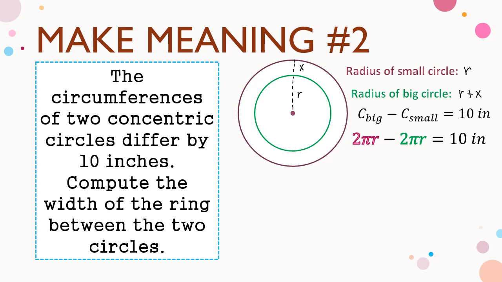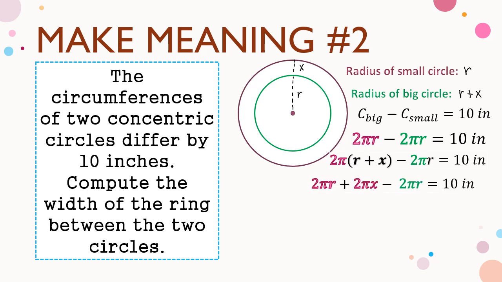And substituting the expressions that represent the radius of each circle, the radius of the big circle is r plus x, so we have here 2 pi times (r plus x), and for the radius of the small circle we have r. Then let's use the distributive property: 2 pi times r is 2 pi r, 2 pi times x is 2 pi x.